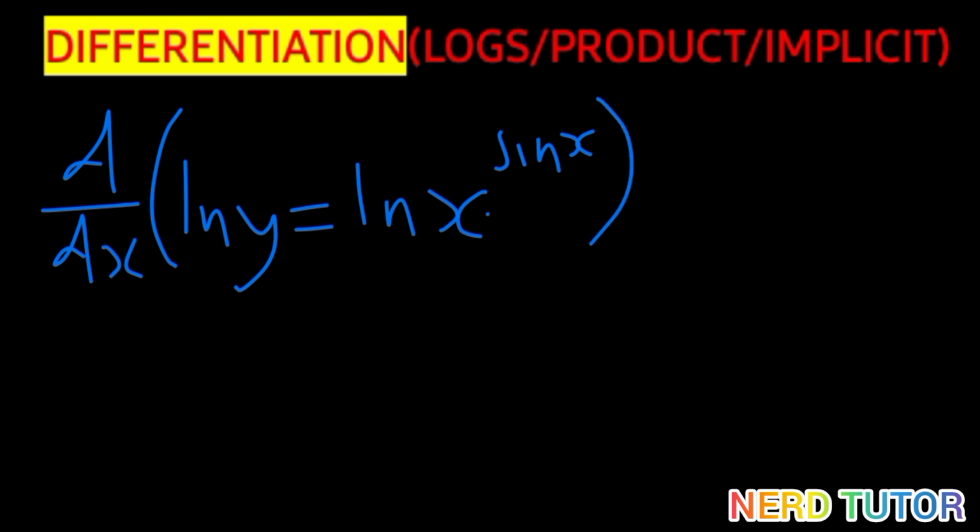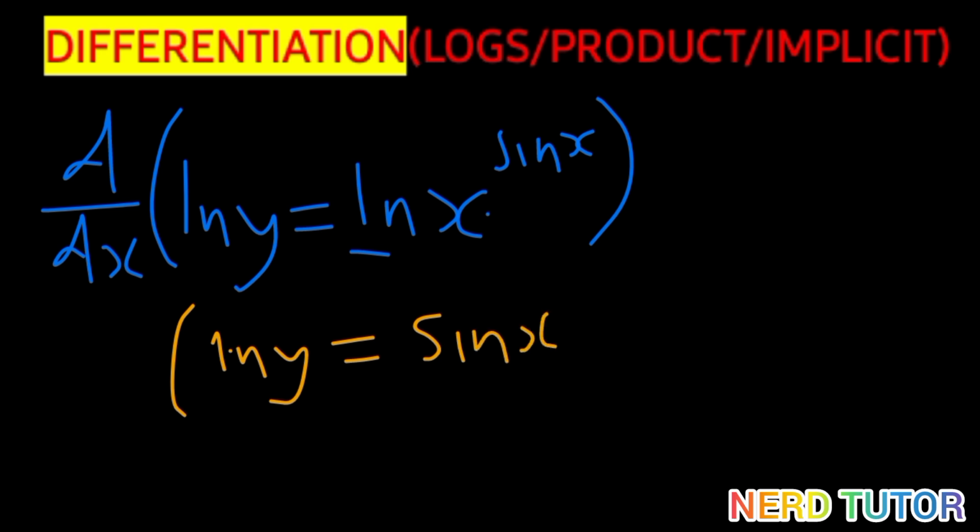Now we can drop that power down because we have a ln there, which is a log. So we have ln y being equal to sin x multiplied by ln x.